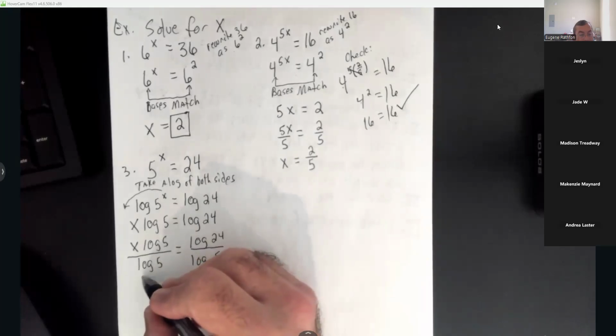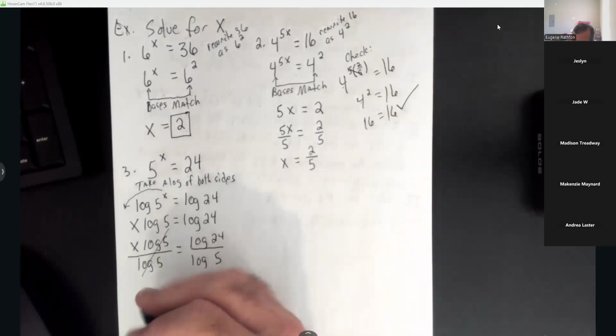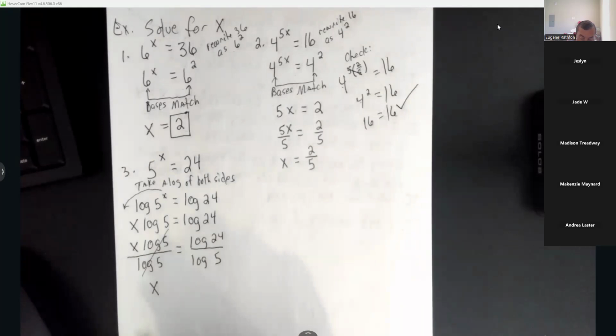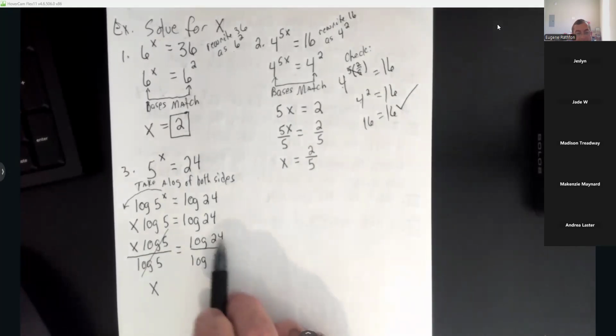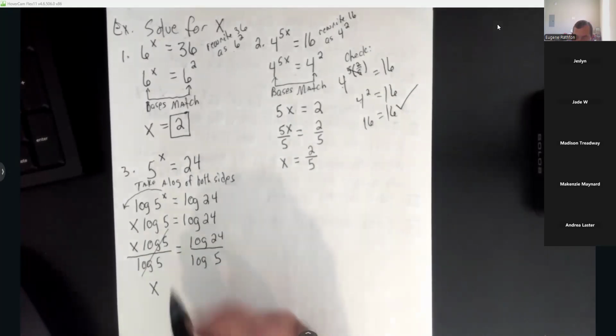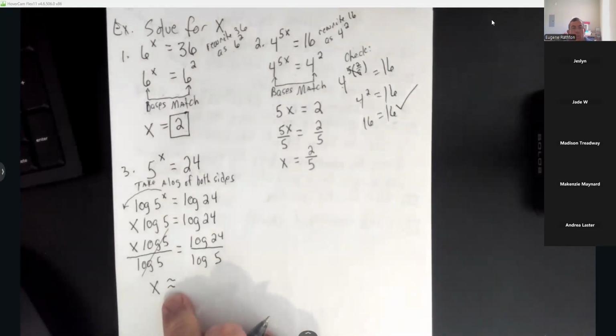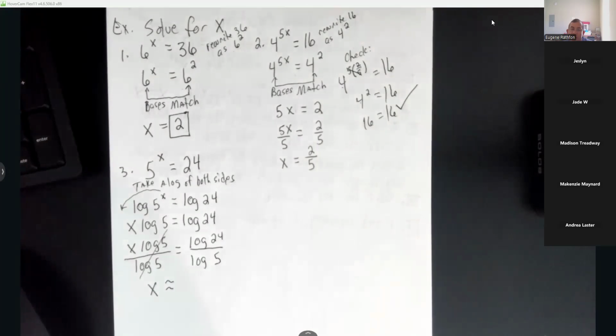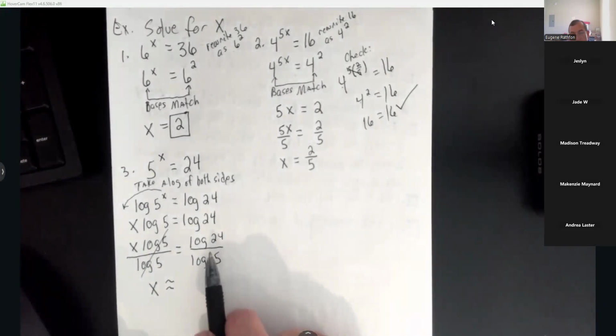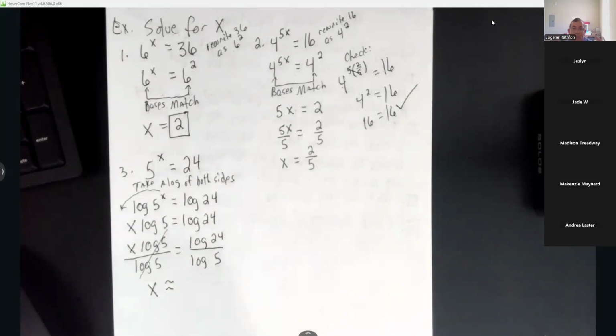So y'all look here, these log 5s cancel, making that a 1x. Now, anytime you're taking logs of the numbers, we're going to use the squiggly equals because we're approximating the answers. And what they want us to do on these is round our answers off to 4 decimal places.